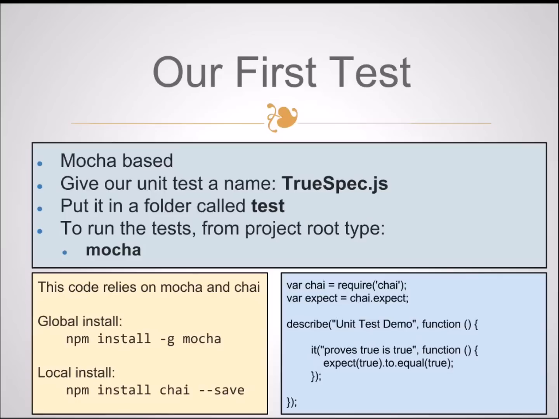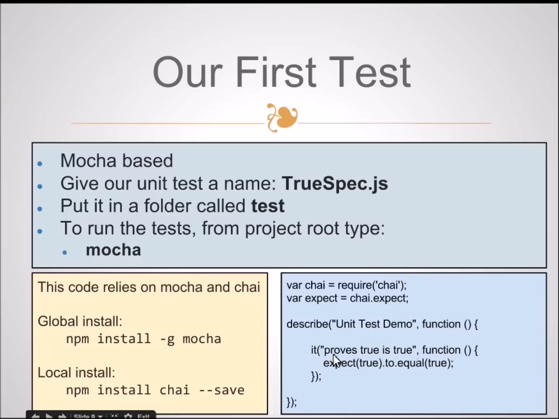And then here's our unit test. We link in Chai. Then we get the expect library out of Chai, and then we start a test suite. This is our unit test demo suite, and this suite only has one test in it, and this test proves true is true. And so this it line can be read as an English statement.